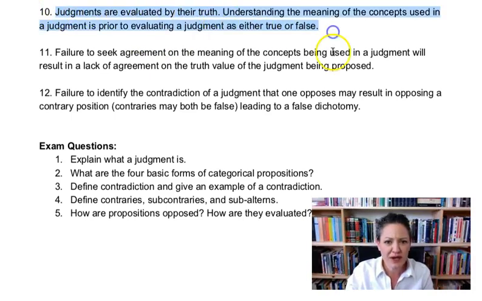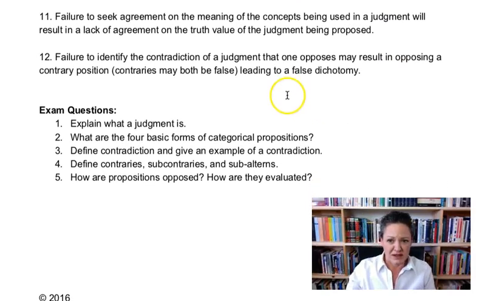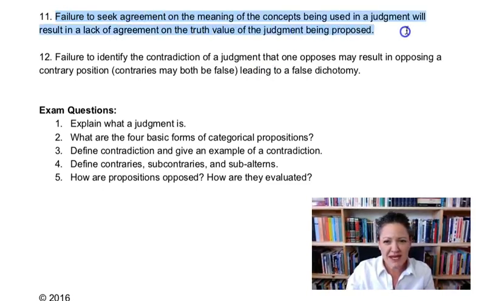Judgments are evaluated by their truth. Understanding the meaning of the concepts used in a judgment is prior to evaluating a judgment as either true or false. So we first have to know what it means, and then test to see whether it's true or false or doubtful. Okay. Failure to seek agreement on the meaning of the concepts being used in a judgment will result in a lack of agreement on the truth value of the judgment being proposed.